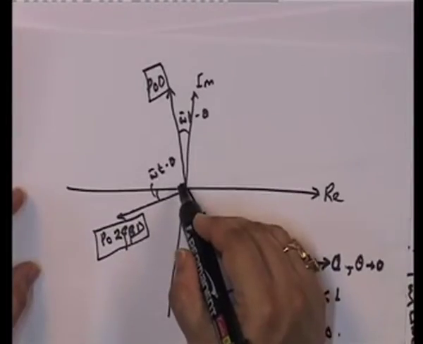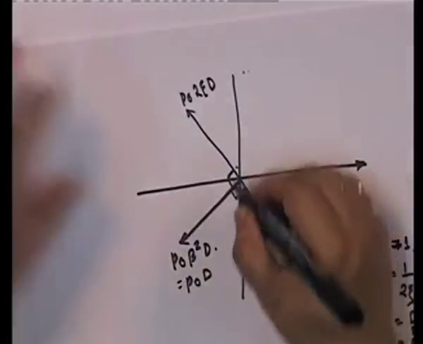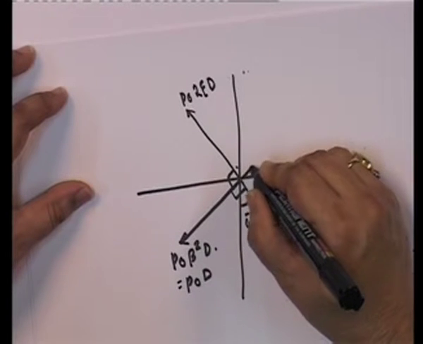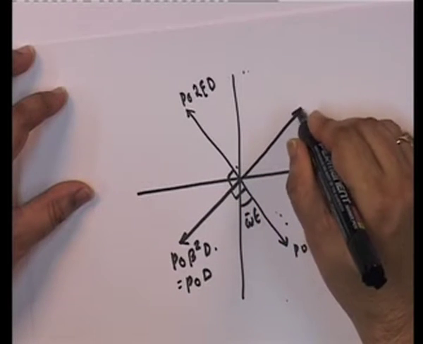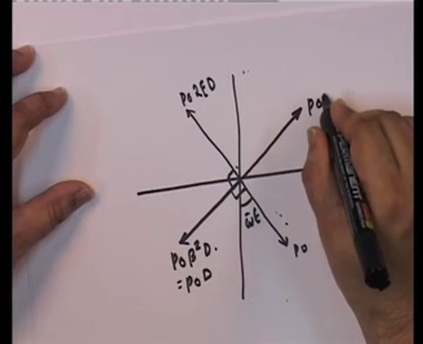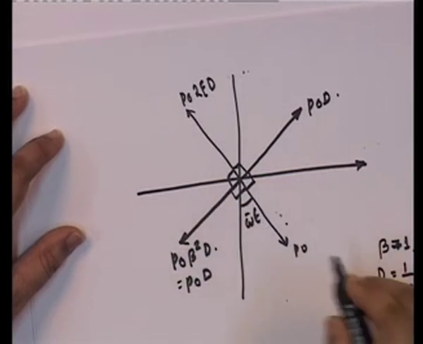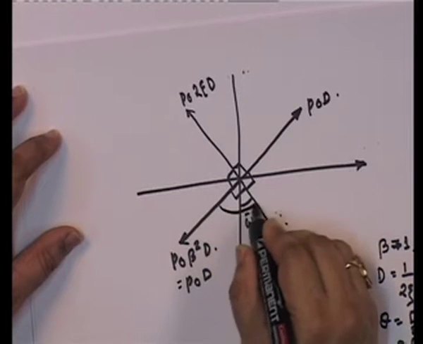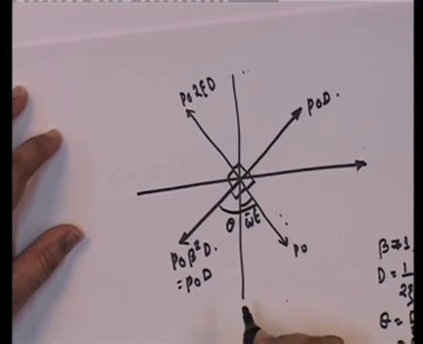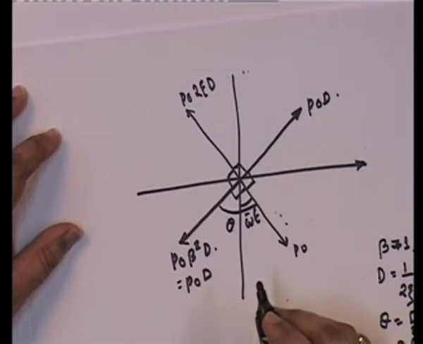So, this one is along this direction and it is equal to P naught d, 90 degrees, 90 degrees. So, this is theta and these are 90 degrees.